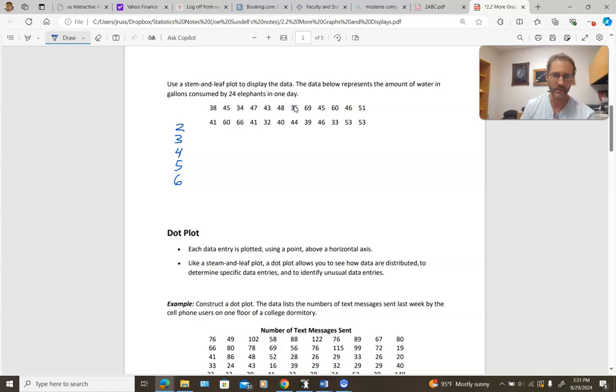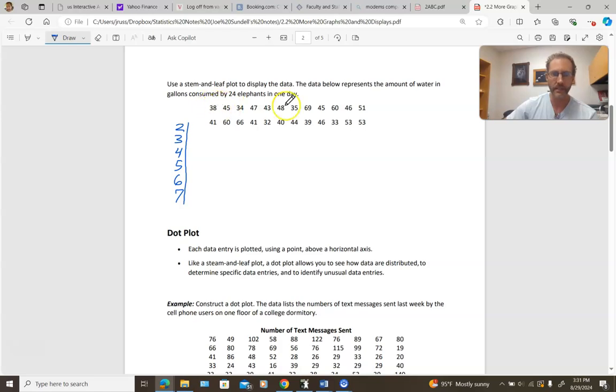Then I'll go to 6, to 7, and actually we don't have any in the 7s, but that's okay. Now you can draw a bar right here, and then you start assigning the leaves to each part of the stem.